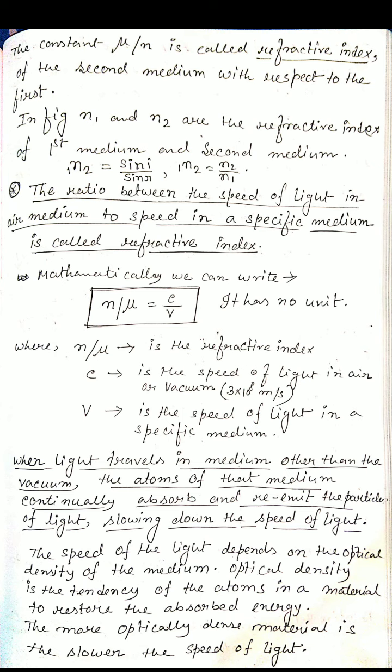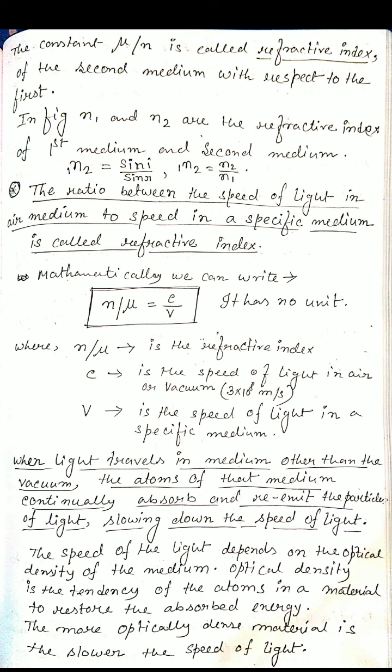How do we define the refractive index? Refractive index is defined as the ratio between the speed of light in air to the speed of light in the specific given medium. Refractive index n, or mu, equals c by v. c is the speed of light in air and v is the speed of light in that given medium.